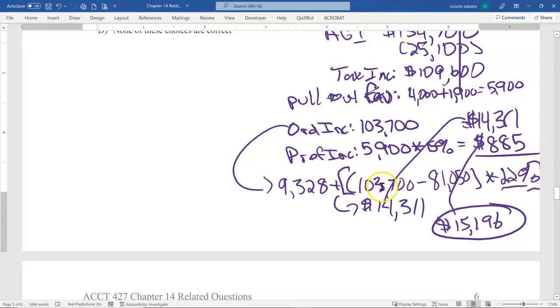The $103,700 was over the $81,050 level we were in. The ordinary part comes out to $14,311. That, plus the $885 preferential rate. So total tax, you add those together, is $15,196.